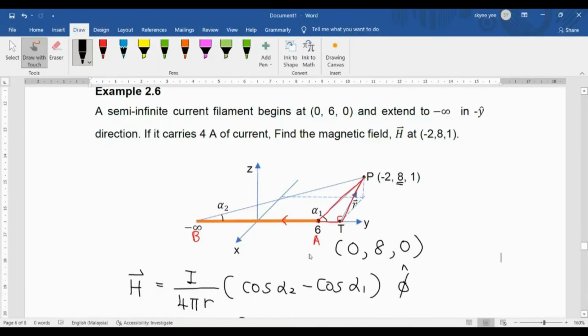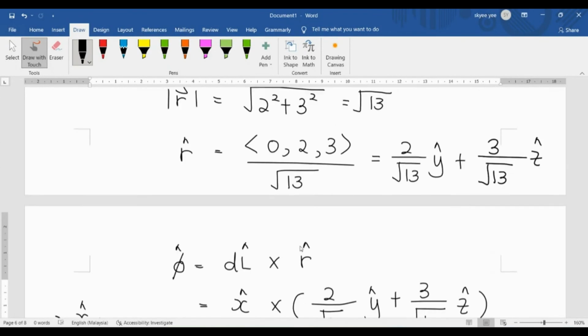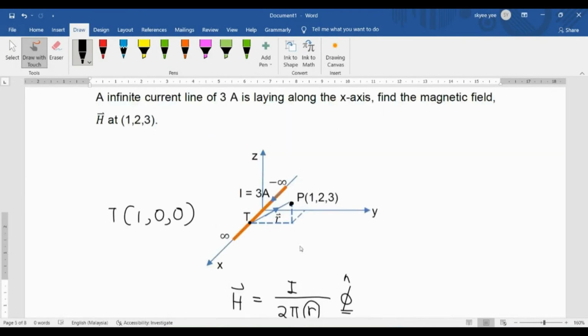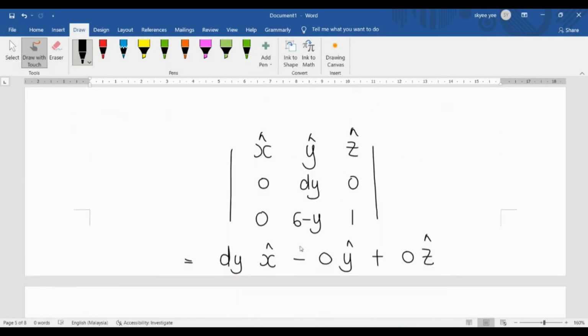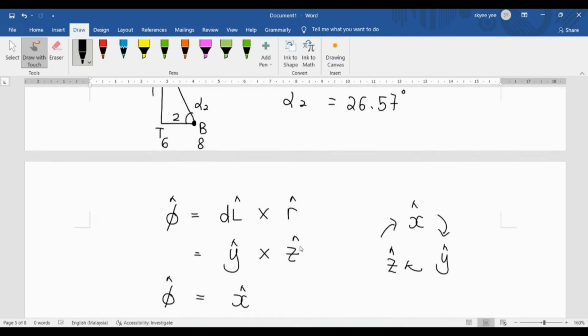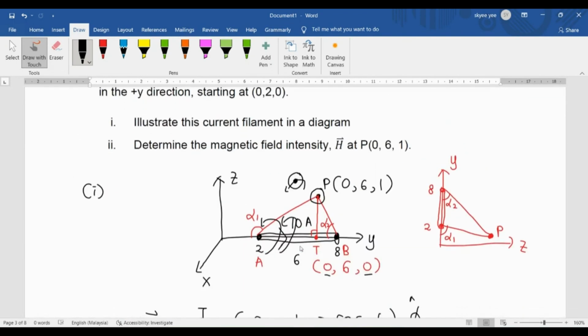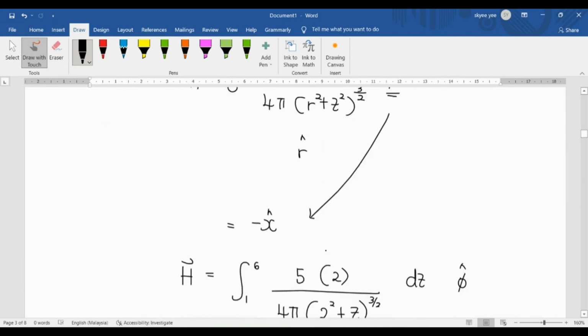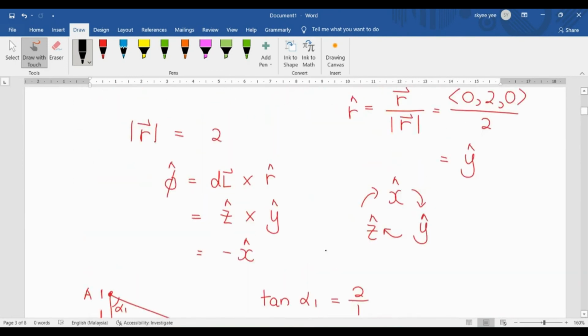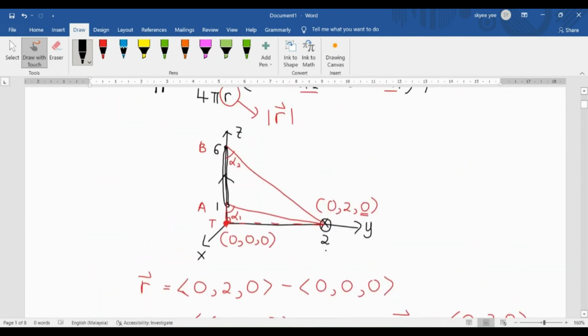Okay, it's not about the value, which one is smaller. Like this one also, like this one no. Because in this one the current flows in this direction, so this is A and this is B. Okay, let me check again. Yeah, for this one also.